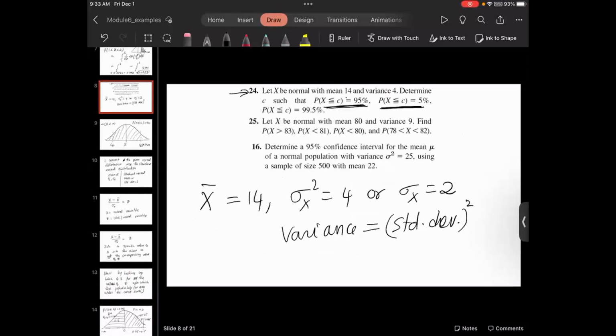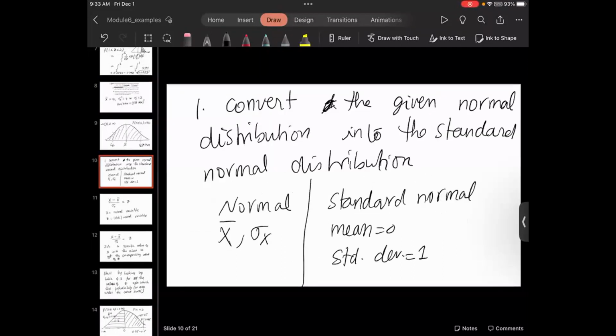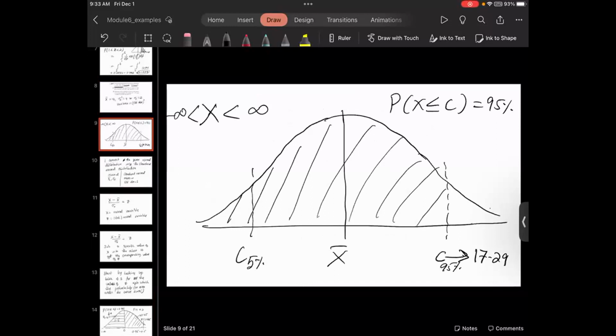So if you look at the third part, what is the value of C that leads to 99.5% probability? So now they want us to find C 99.5. That is, it should have 99.5% of the probability.